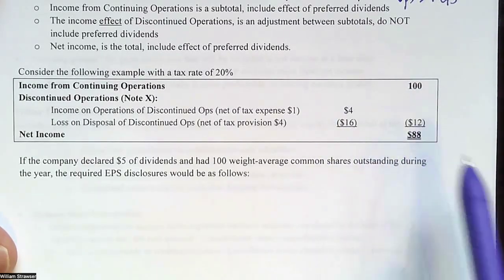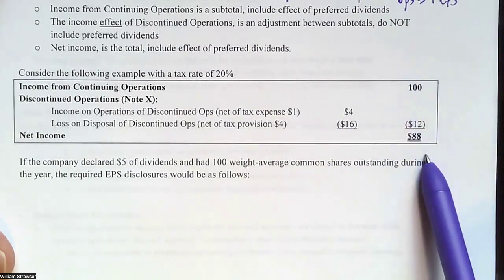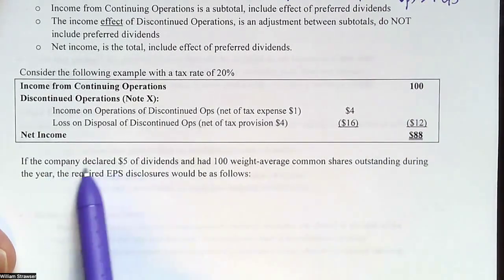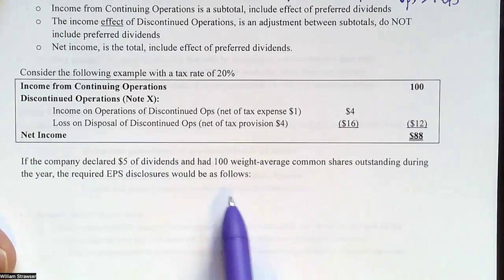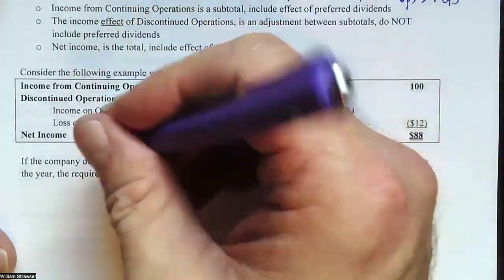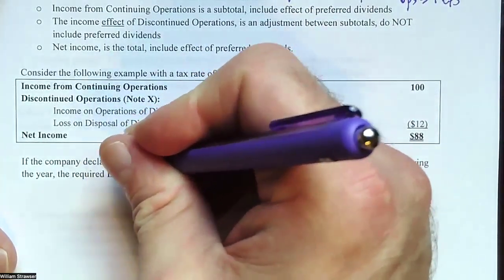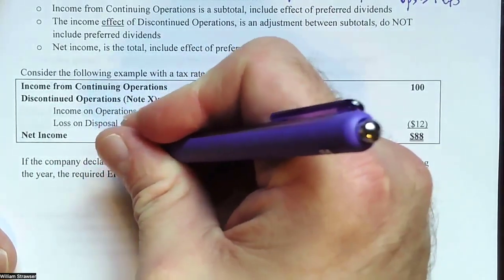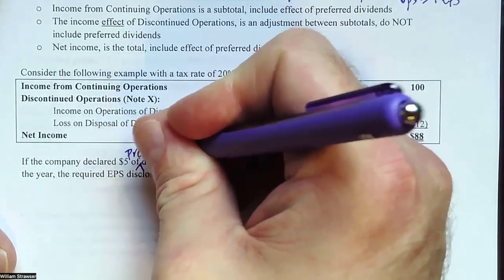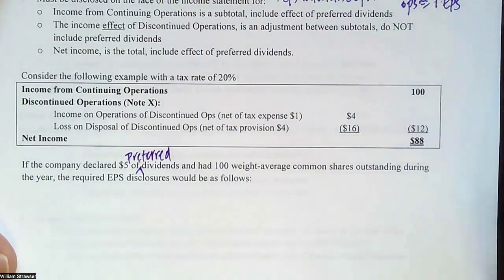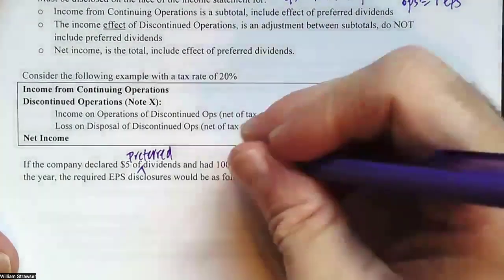This disclosure here would give me everything I need to calculate the EPS, given that I also tell you the company declared $5 of dividends, and these are, we will assume, $5 of preferred dividends, and had 100 weighted average common shares outstanding during the year.